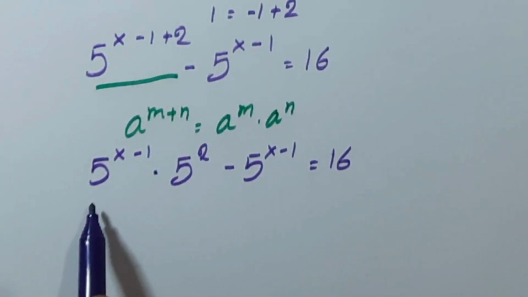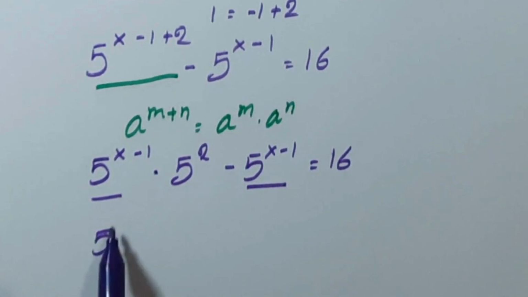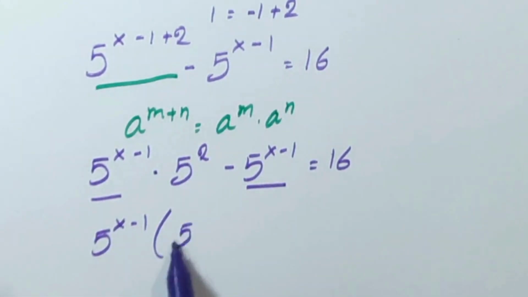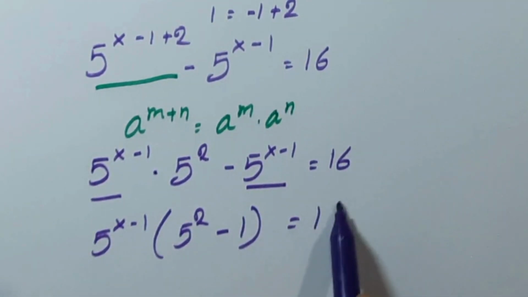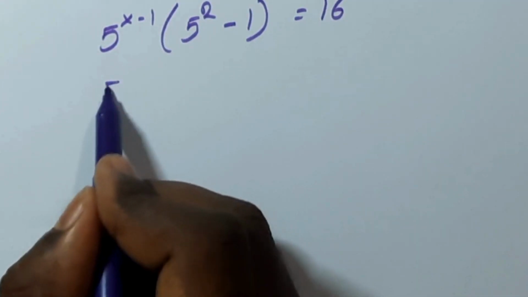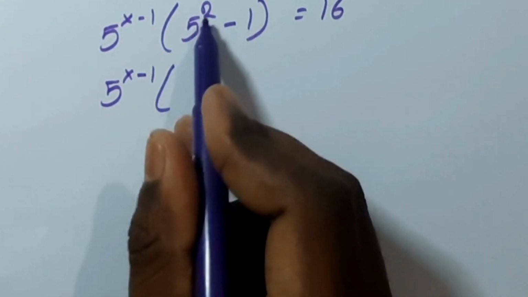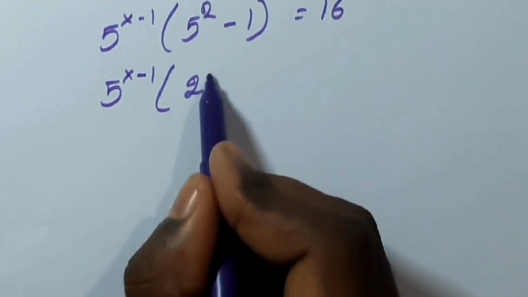We are going to take 5 power x minus 1 common. So 5 power x minus 1 open bracket 5 square minus 1 equal to 16. Now 5 power x minus 1, this 5 square is 25, minus 1 is 24.